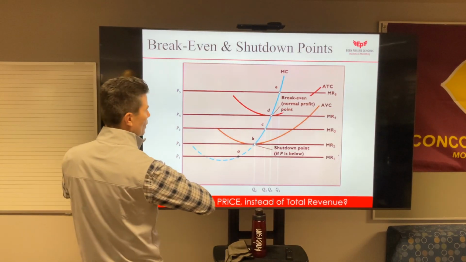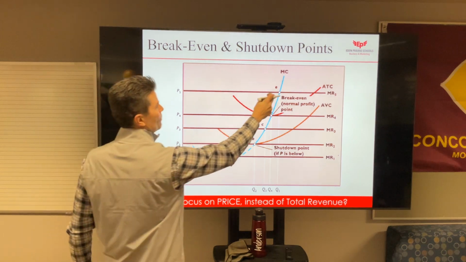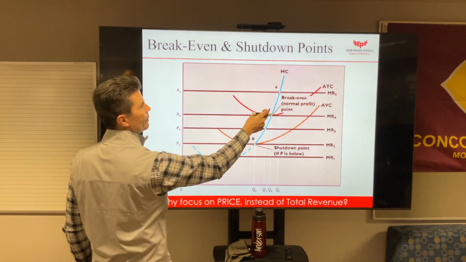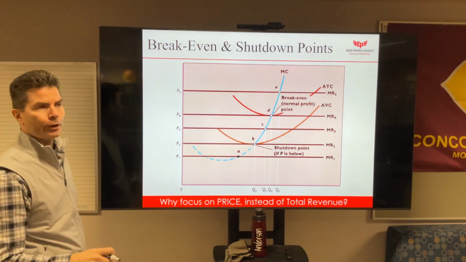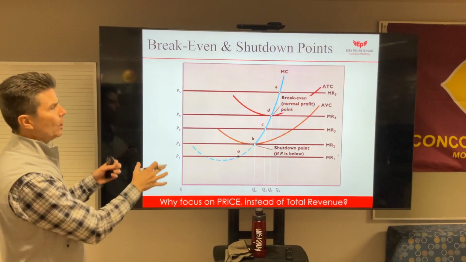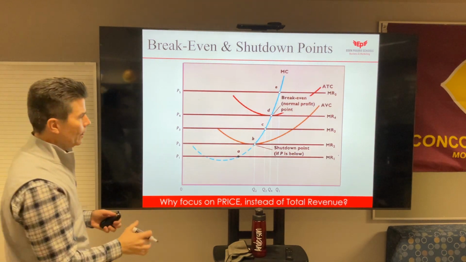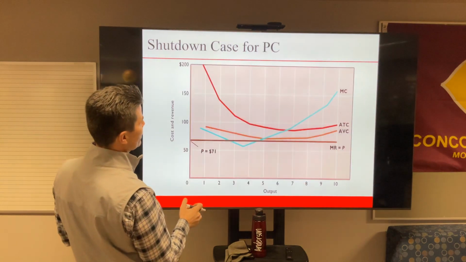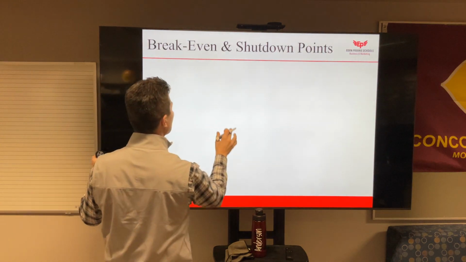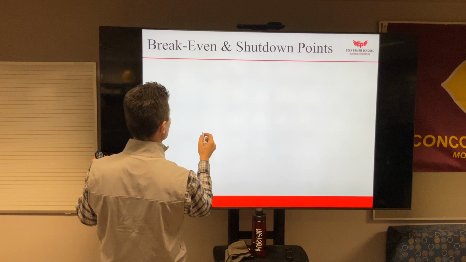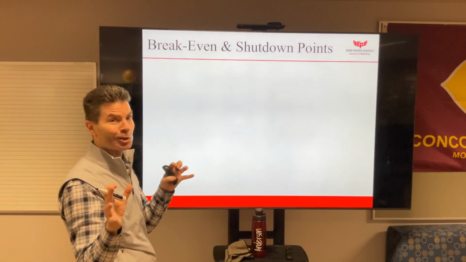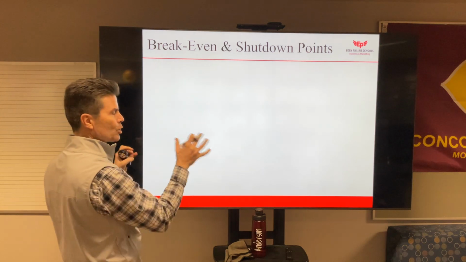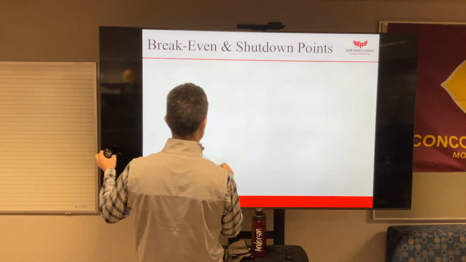Anytime that your price is above the ATC here, you're making a profit. But here's what I also want to show you. Maybe I'm going to actually graph this again. Just for simplicity, I'm not going to do the industry. I know I told you to do that every single time, but I just want to show you a sample of something.